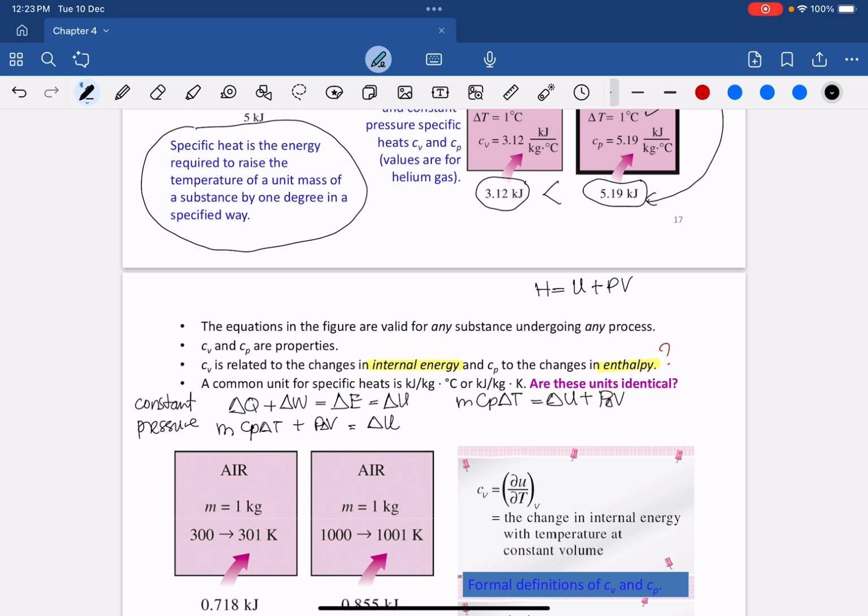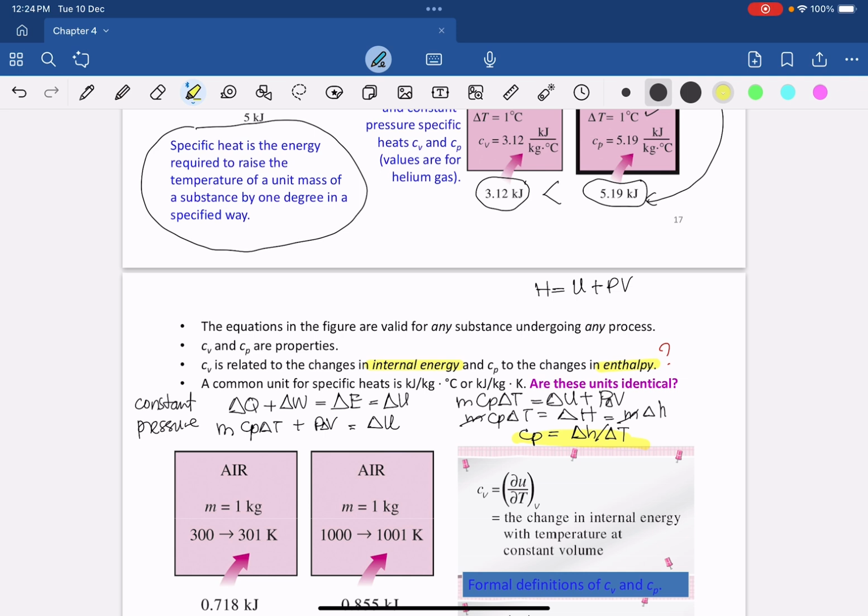So it gives us mCp delta T equals delta H, and this is actually mass times delta specific enthalpy. So it gives us the relation between specific heat capacity and delta H over delta temperature. This is the relation between Cp and enthalpy.